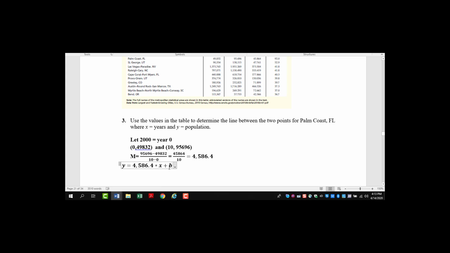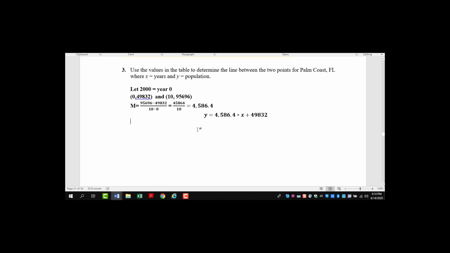I'm going to let you think about b, because I'm just going to put it in here. Here's b. b is the value when x is 0 in the equation. It's the initial value. In this case, the initial year is 2000. So the initial value is 49,832. So there's what it is.